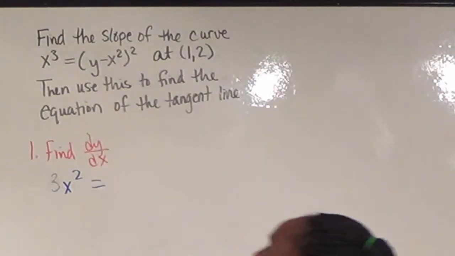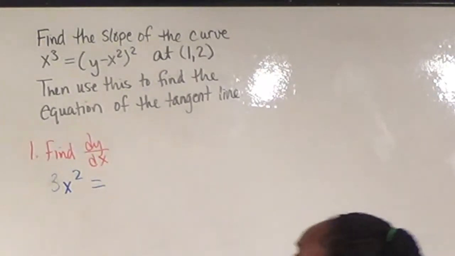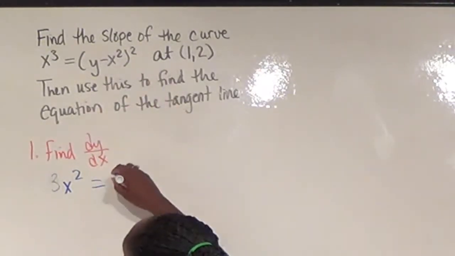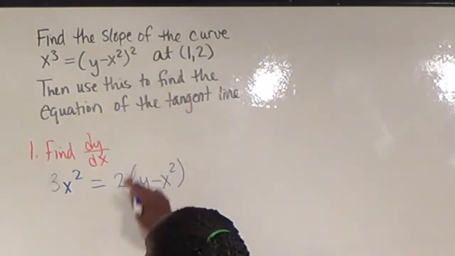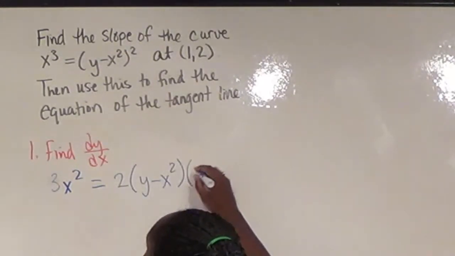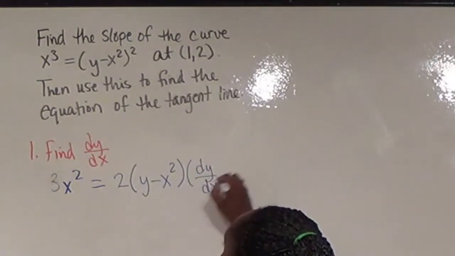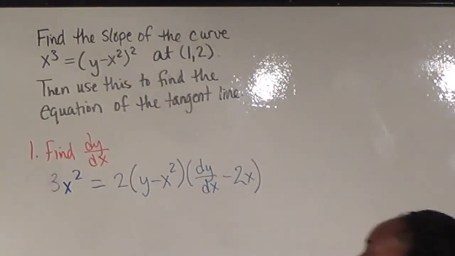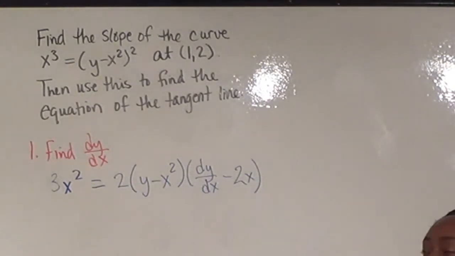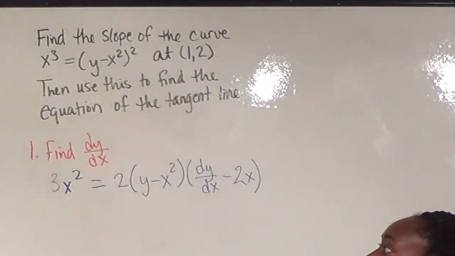On the other side, the (y minus x squared) squared, that's a power or a chain rule. So we'll bring the power down front, leave the inside alone, times the derivative of the inside. Derivative of y, again, is just dy/dx, minus derivative of x squared, which is 2x. Okay. Now we just need to isolate the dy/dx.